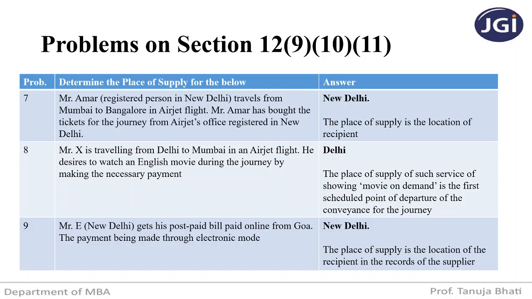In case of postpaid billing, we have seen under section 12 subsection 11 that any telecommunication services relating to the postpaid facility is obviously going to be the place of supply, the location of the recipient in the records of the supplier. So in the records of the supplier, it is New Delhi. So therefore, it is New Delhi.